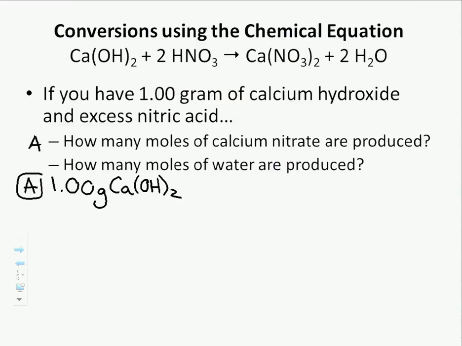So what do? Can we jump immediately to our balanced chemical equation? No, because we cannot convert grams of one substance to grams of another substance directly. We always have to go to moles first. So in order to go to moles first, that means we have to figure out how to go from grams of calcium hydroxide to moles of calcium hydroxide.